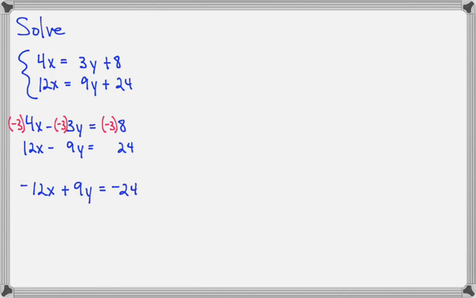Now I have negative 12x plus 9y equals negative 24, and 12x minus 9y equals positive 24. When we add these together, I get 0 equals 0.